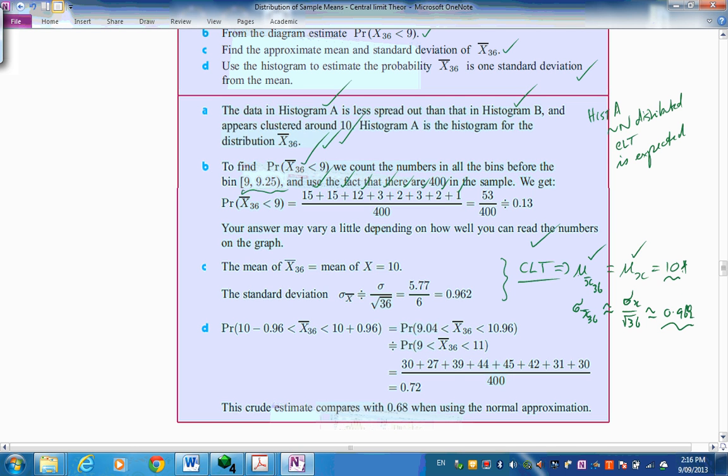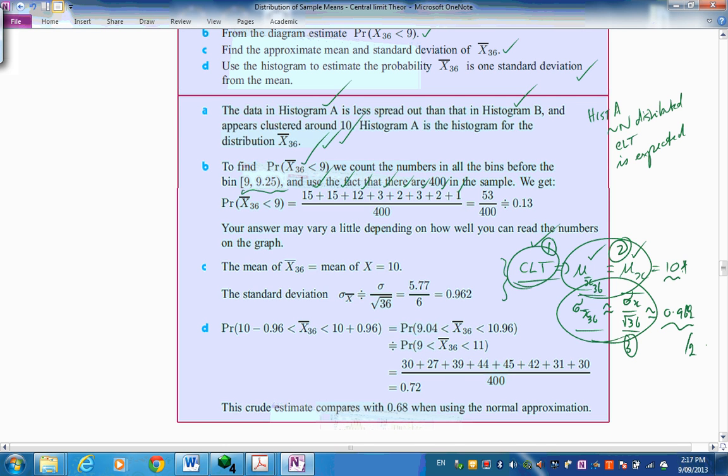So you have to say, by the central limit theorem, show that you are stating that the means are the same and the standard deviation would be the original standard deviation divided by root n under the central limit theorem. This is usually 2 marks, but there are actually 3 points here. This is point 1, point 2, and show the calculation of the difference there, point 3 out of 2 marks.